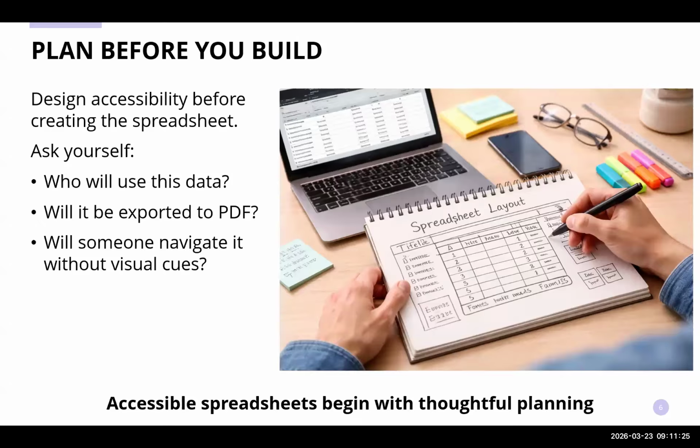Because the reality is, most accessibility issues are not caused by complex features. They are there because of lack of planning. So when you take a moment to think about structure, users, and how the file will be used, you are already making your spreadsheet and Excel files more accessible before you even type your first value. So what is the moral of the story? Accessible spreadsheets really begin with thoughtful planning. Next slide, please.